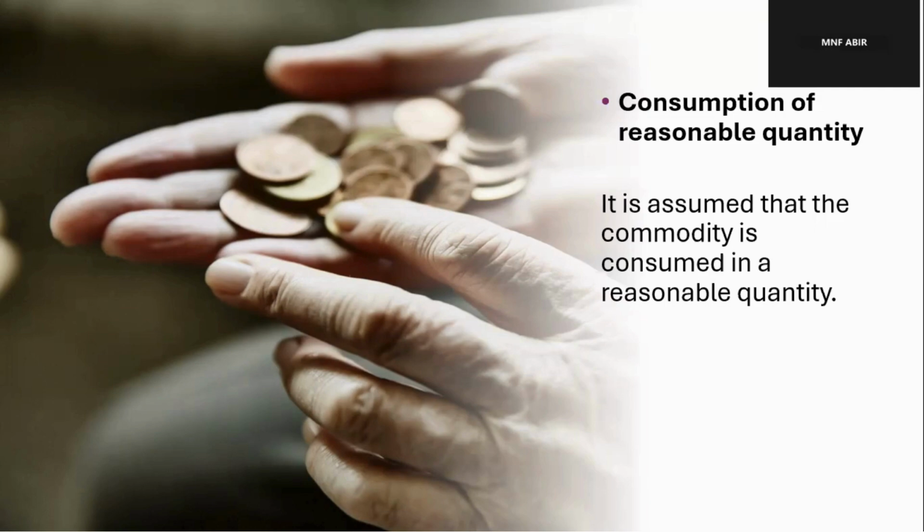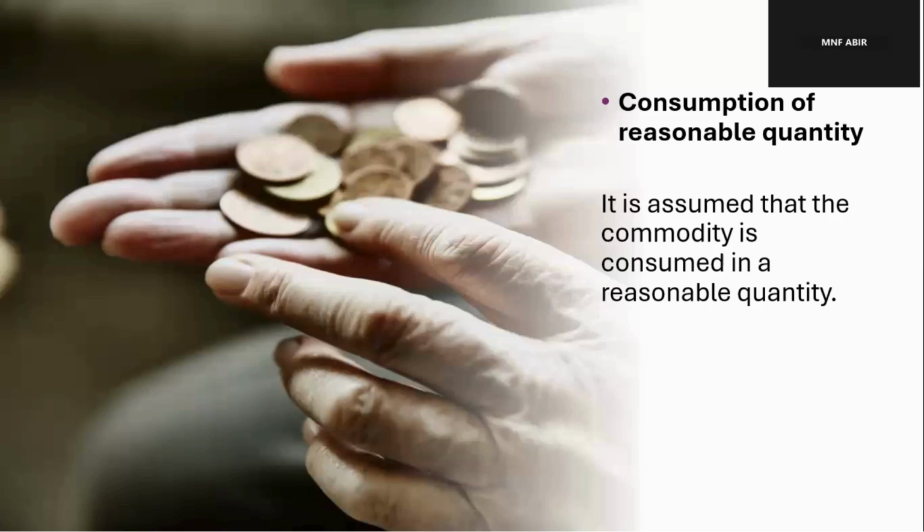If the quantity is too small, the law may not work because each unit gives almost the same satisfaction. If the quantity is too large, the consumer may get tired, sick, or uncomfortable, and utility may fall sharply in an unrealistic way. So the law works properly only when consumption is in ordinary, reasonable quantities. For example, drinking water in reasonable glasses.